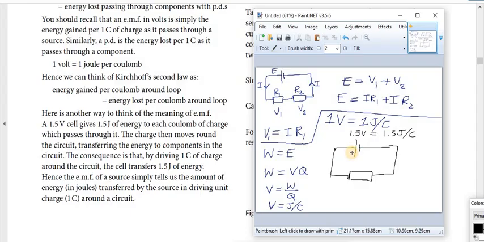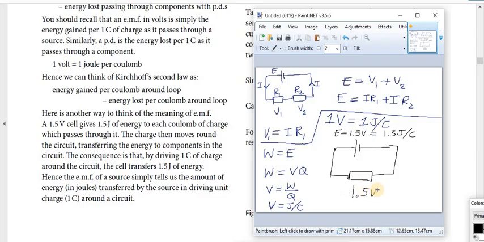Then when those electrons pass through this resistor, the potential difference is 1.5 volts across this resistor. This is the EMF of the cell, and if it has no internal resistance, the EMF of the cell is equal to the potential difference across the resistor.